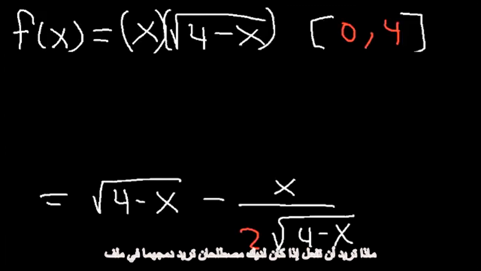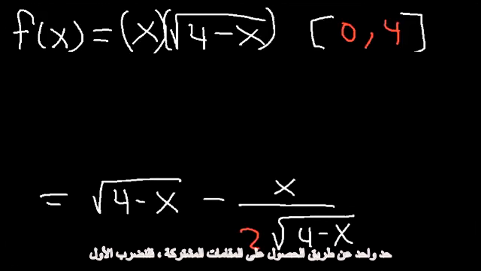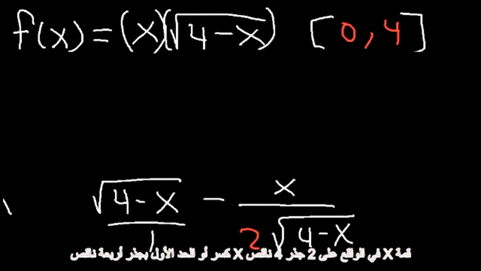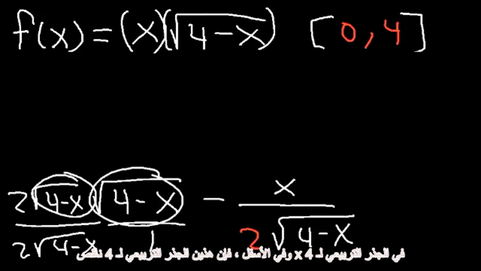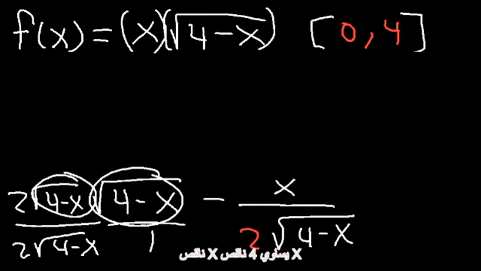What you want to do, if you have two terms, is combine them into a single term by getting common denominators. So let's multiply the first term by 2 root 4 minus x, top and bottom. So the square root of 4 minus x times the square root of 4 minus x is simply 4 minus x.